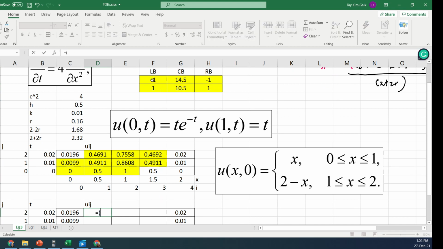So you have left top, right top, left bottom, right bottom each with coefficient 1, so equal to left top plus right top plus left bottom plus right bottom, and then plus the coefficient of the center bottom, make sure it is constant, multiplied with center bottom here, and then divide by the coefficient of here.